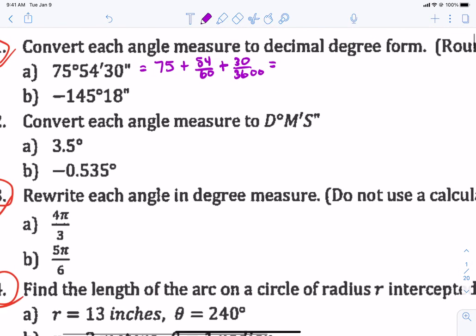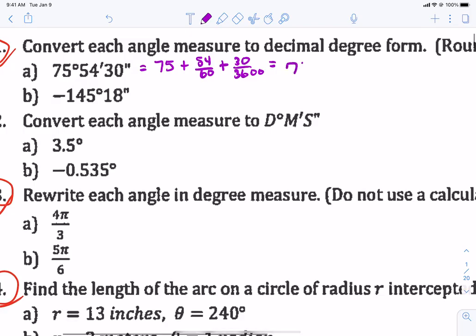So we're going to go 3 decimal places, and if we go 3 decimal places, we get 75.908 degrees.